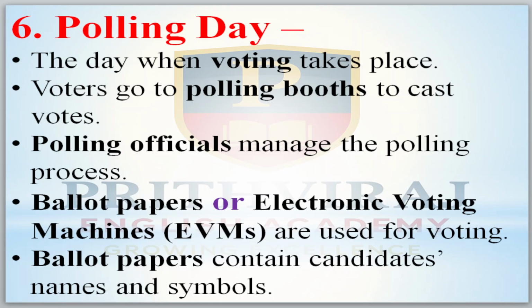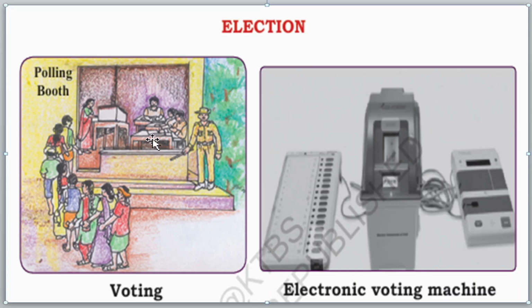Then the fourth step is polling day. The day when the voting takes place, voters go to the polling booths to cast their votes. Here is the picture of a polling booth.